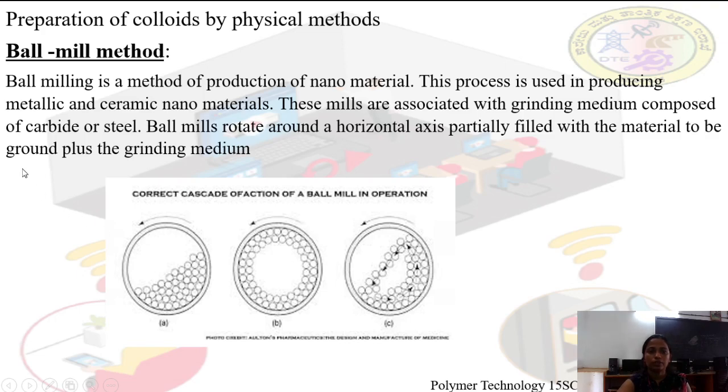We fill the material we want to make small into this ball mill, which rotates around a horizontal axis and grinds in the grinding medium, producing very small nanomaterials. This ball mill method is specially used for producing metallic as well as ceramic nanomaterials.